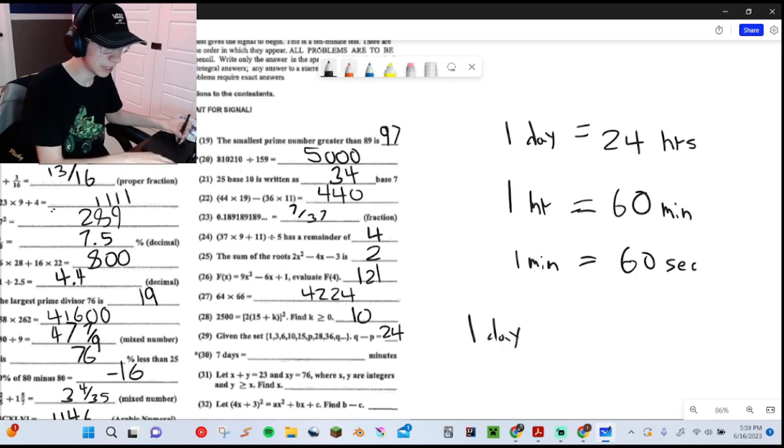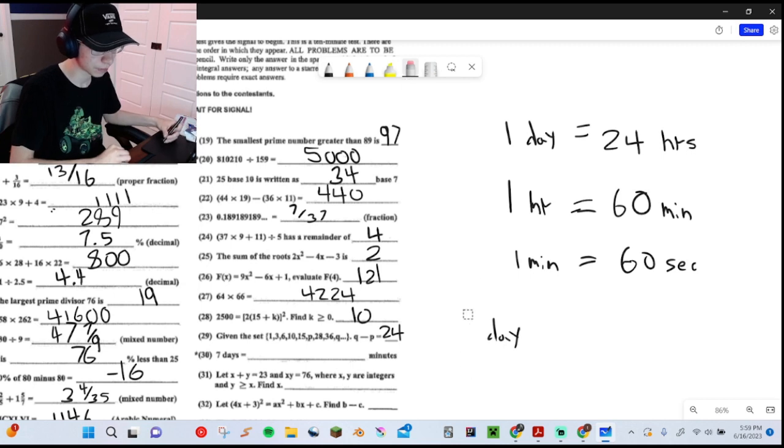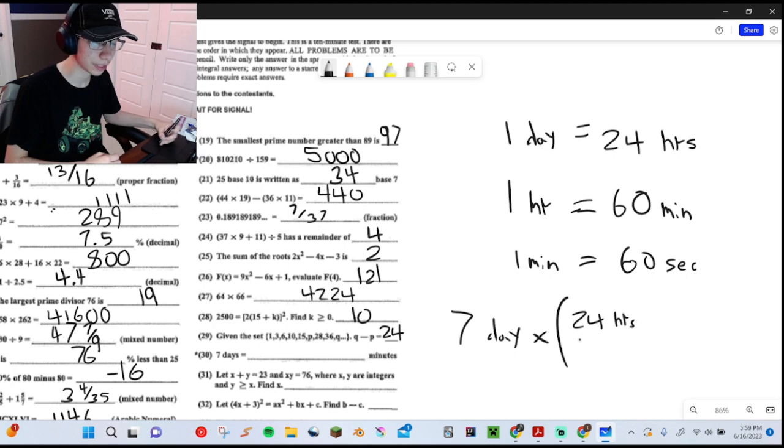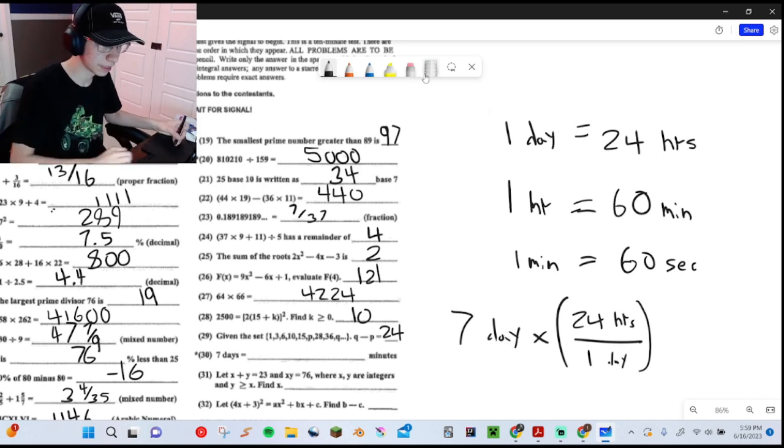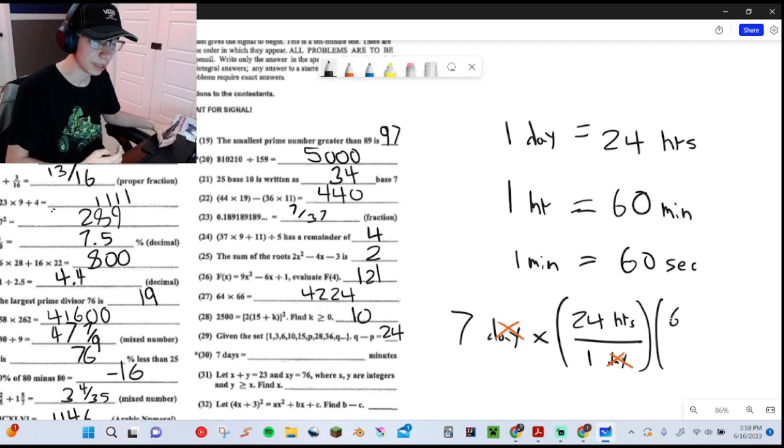So we have 7 days. So I gotta multiply by this rate, or this proportion, I guess, that there are 24 hours in one day. And these units of day kind of just cancel out. And then I multiply this expression by 60 minutes per 1 hour.